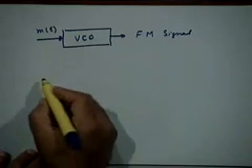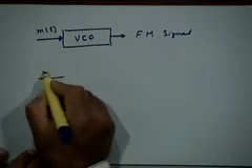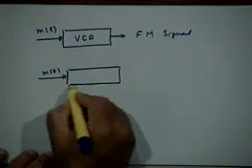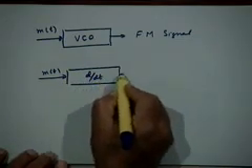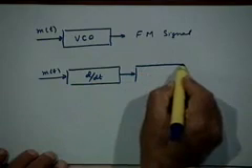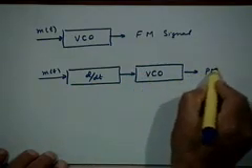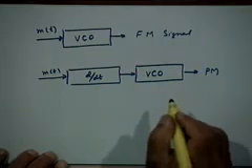If I apply m(t), but first differentiate it, and then apply it to a VCO, I'll get a PM signal. You remember why?